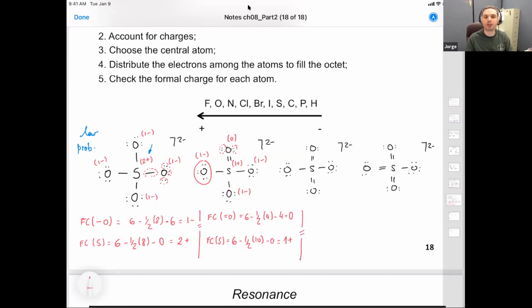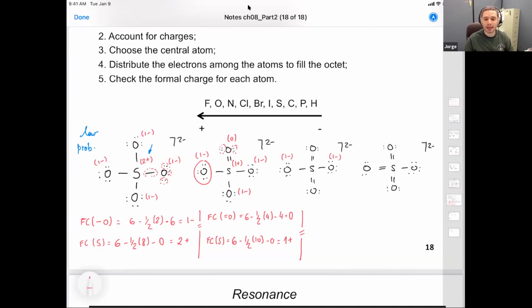For the third possibility, now we have sulfur making two single bonds and two double bonds. We know that always when oxygen is connected through a single bond, the formal charge is 1 minus. So we will have 1 minus on the oxygens on the left and 1 minus on the oxygen on the right.